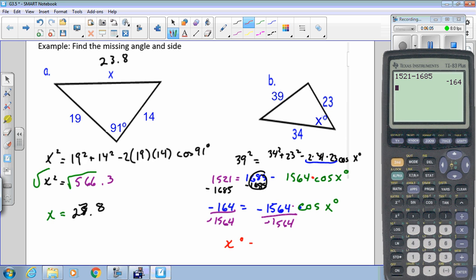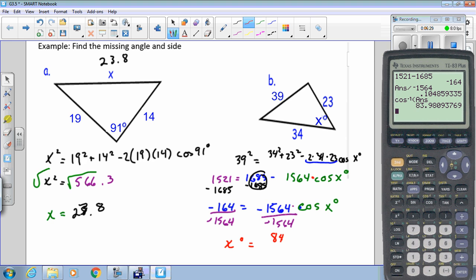That'll give me the angle that I'm looking for. So let's do that. So that divided by negative 1564 equals, and then second function, cosine negative 1. My answer, 83.98, so 84 degrees pretty much.